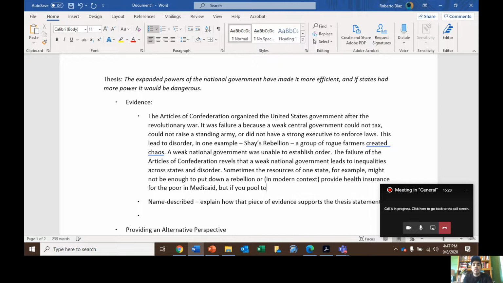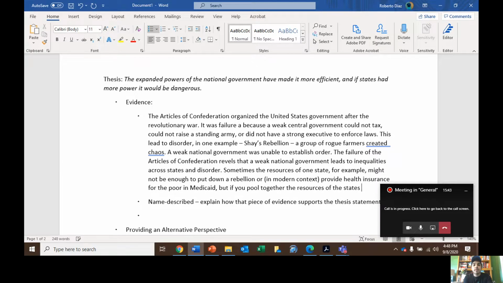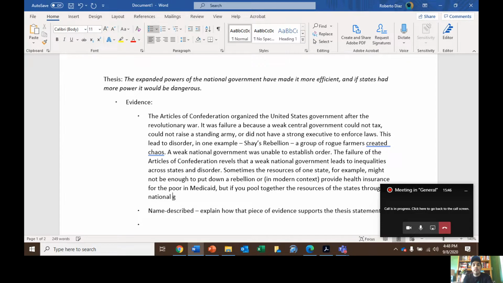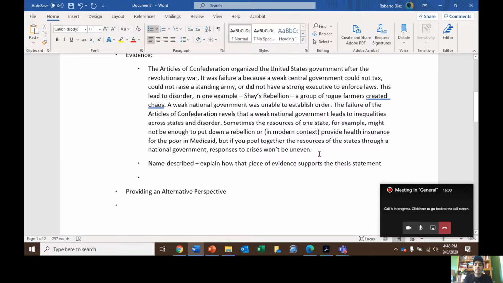If you pull together the resources of the national government, or of the states through a national government, responses to crises won't be uneven. Right? So that's an explanation, so to speak. We'll talk about Medicaid later. That's something that will come up later, but it's relevant too.